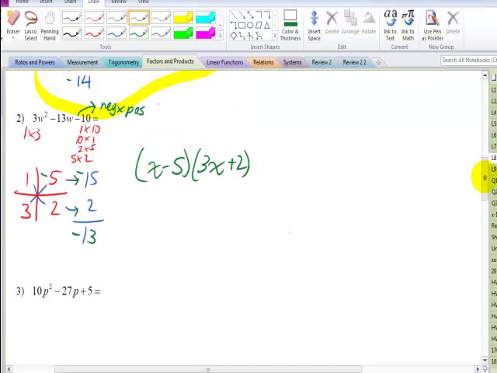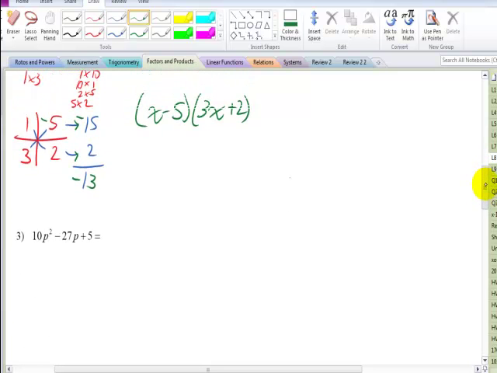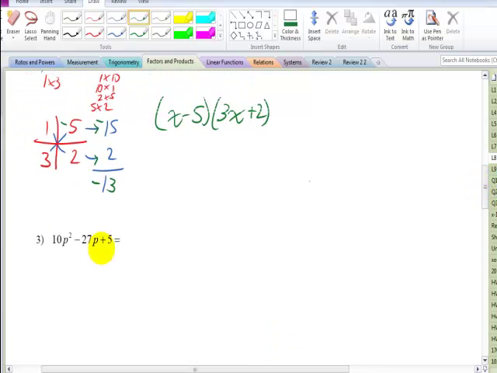All right. Next example. This one looks harder, but it's not really. It's actually easier because the 5 only has one combination. 1 times 5. Or, negative 27. What should it really be? Negative 1 times negative 5. Or negative 5 times negative 1. What about the 10, though?